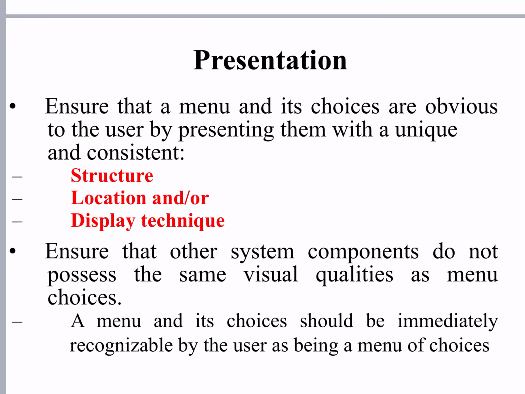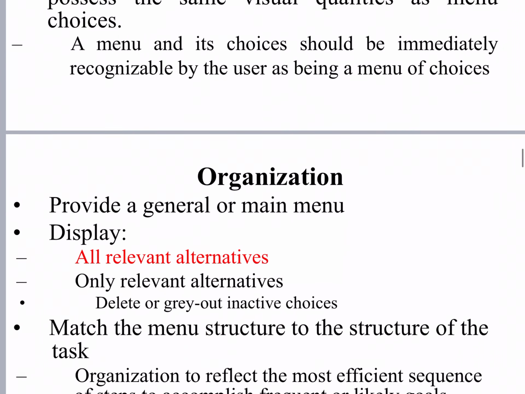The structure, the location and the display technique matter a lot here. Ensure that other system components do not possess the same visual quality as menu choices. A menu and its choices should be immediately recognized by the user as being the choices of that menu. Then only this will work.